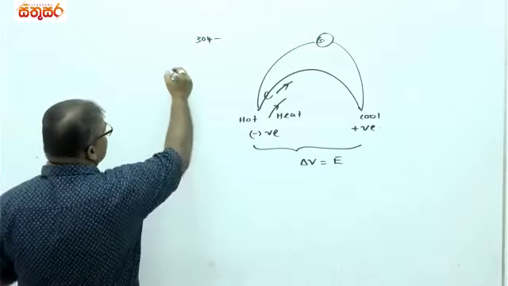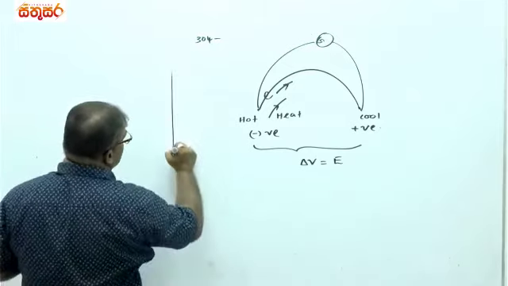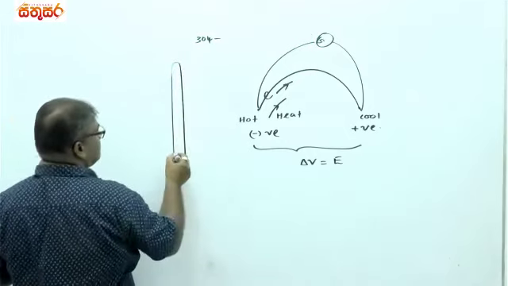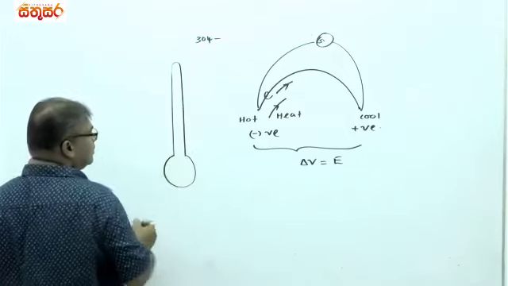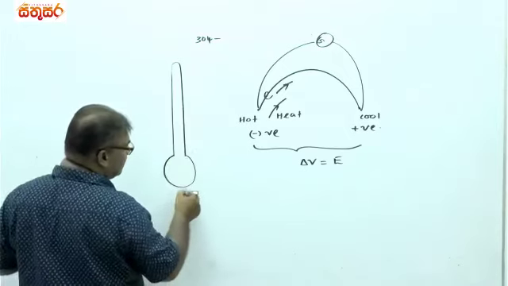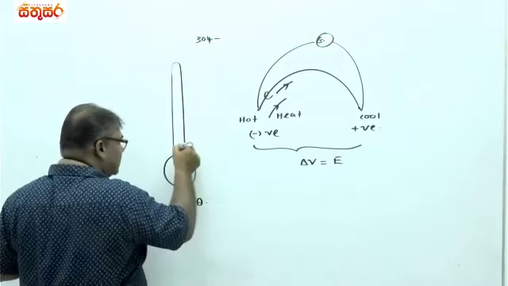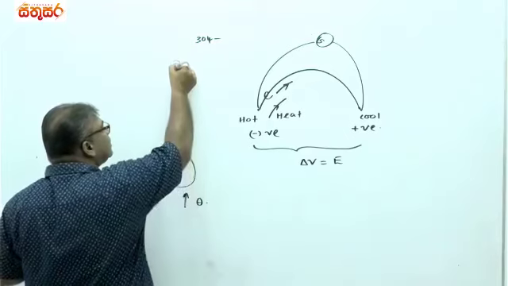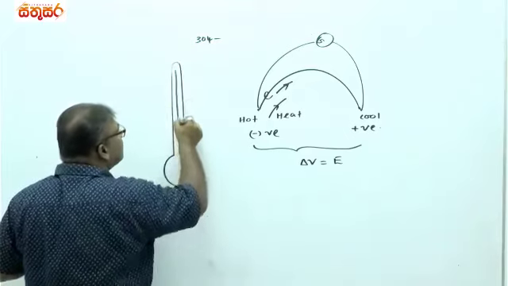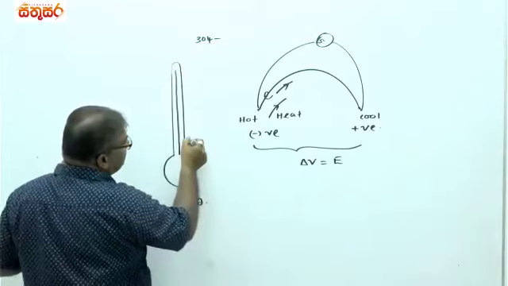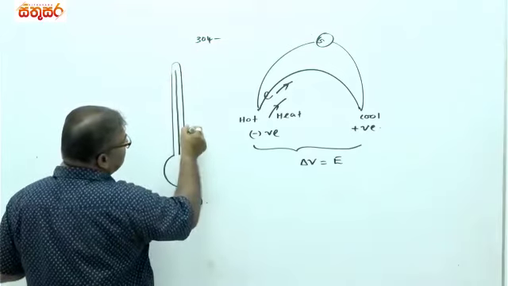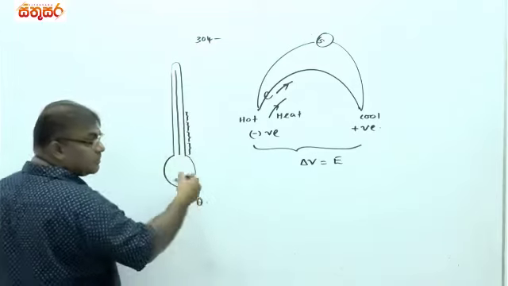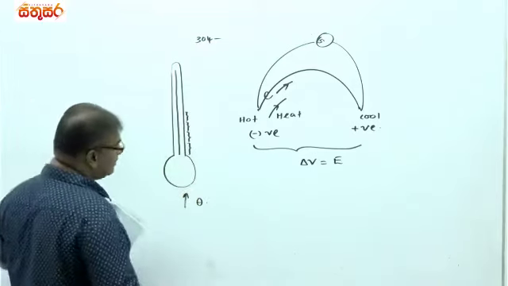If this one is the thermometer, here we have a glass bulb. When you increase the temperature gradually, the rise of the mercury column should also be continuous. Not a constant one, a continuous one, right? Continuous and constant variation should be arranged if the heat is supplied at a constant rate.